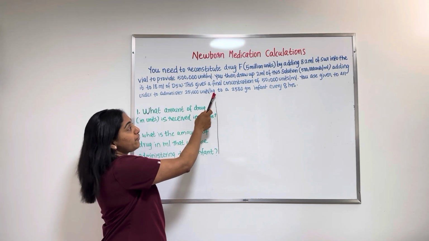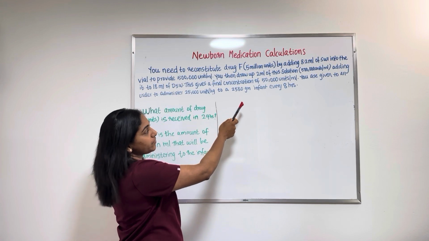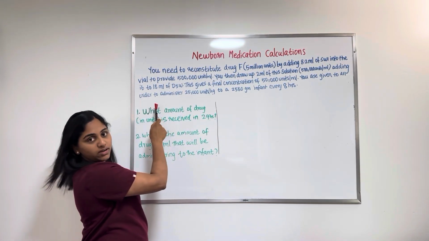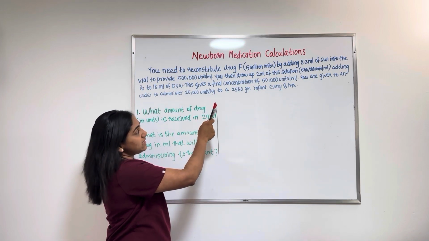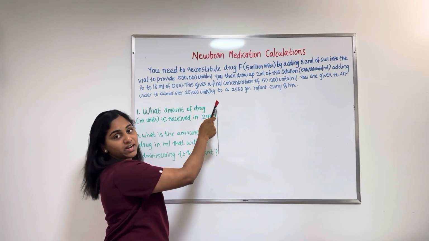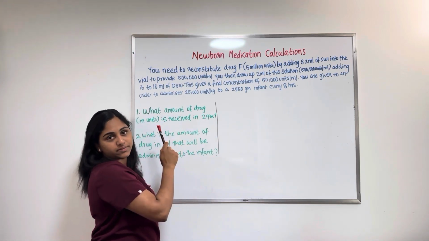This gives a final concentration of 50,000 units per ml. You are given an order to administer 25,000 units per kg to a 2580 gram infant every 8 hours.